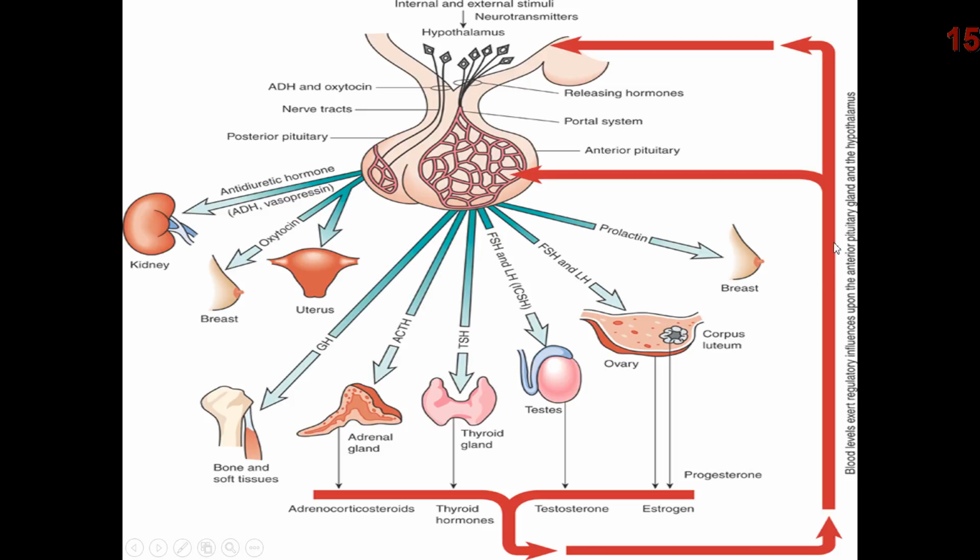And then you have a negative feedback. So then it would come back over here and it would tell this gland, hey, we have enough adrenocorticosteroids, go ahead and quit production. The problem is that when this feedback system is messed up, the adrenal gland keeps pouring out the adrenocorticosteroids, and the feedback loop never gets back to the pituitary gland.